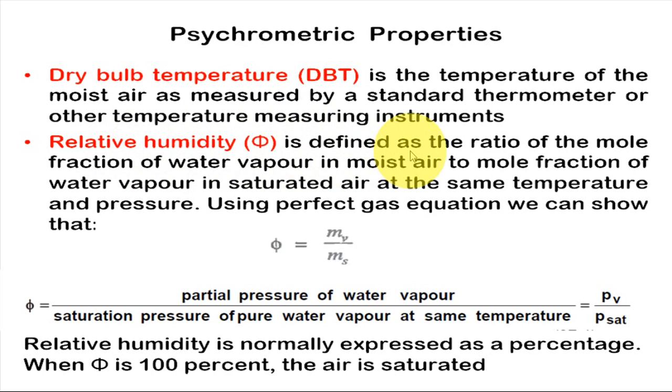I define relative humidity as the ratio of the mole fraction of water vapor in moist air to the mole fraction of water vapor in saturated air at the same temperature and pressure.